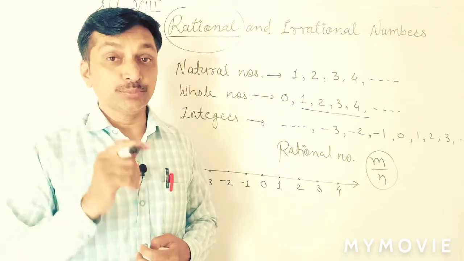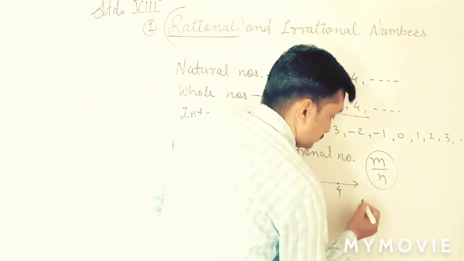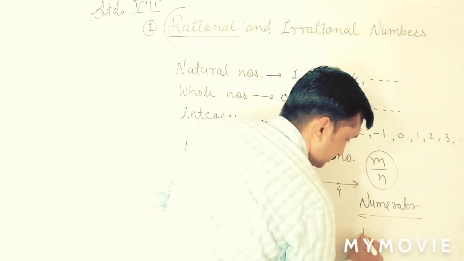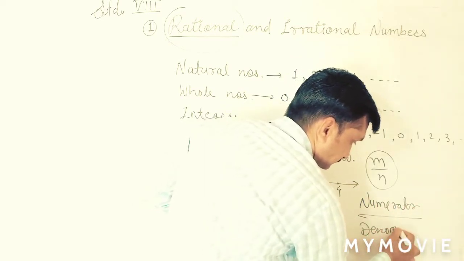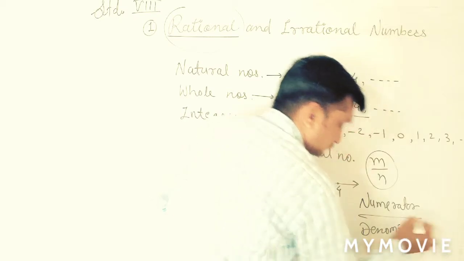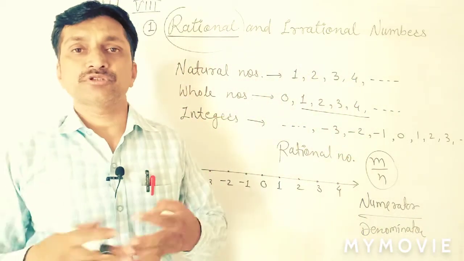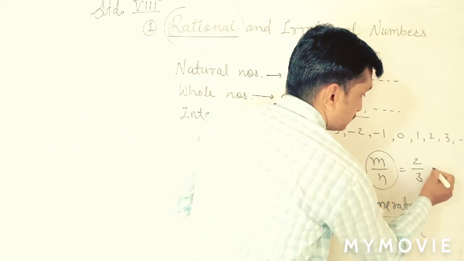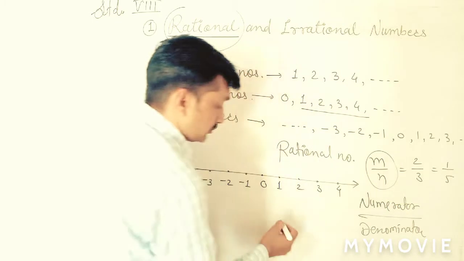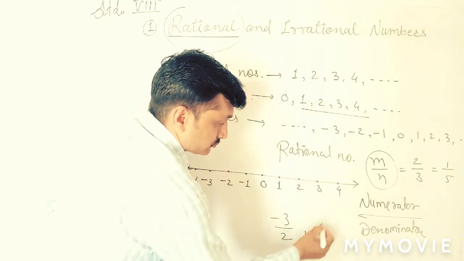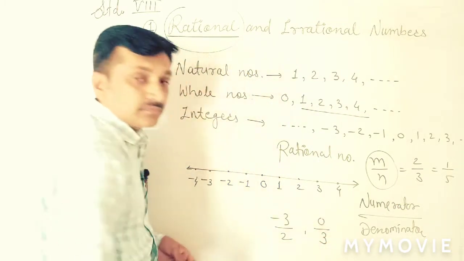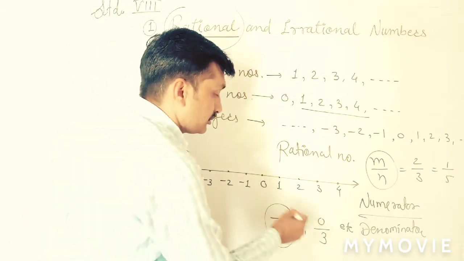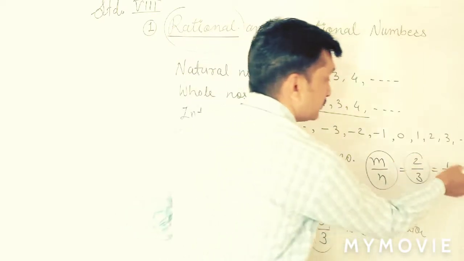M upon n, numerator upon denominator form. By yourself you can write any example. See, 2 upon 3, 1 upon 5, -3 upon 2, 0 upon 3, etc. Any number, but that should be in the form of numerator upon denominator.